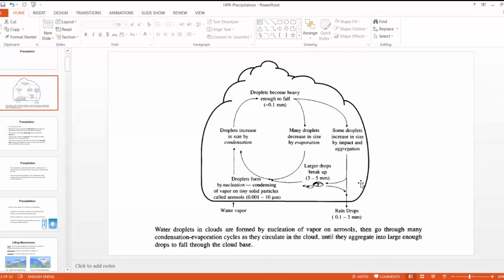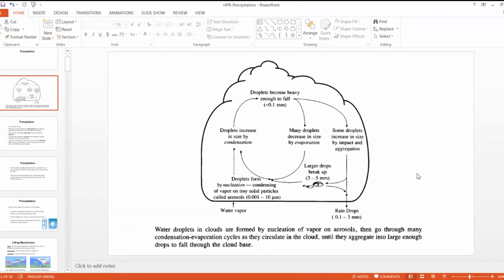At low temperatures, the water holding capacity of air is less. So when air rises, because it's low temperature at higher altitudes, its moisture holding capacity decreases. So it condenses into small droplets.